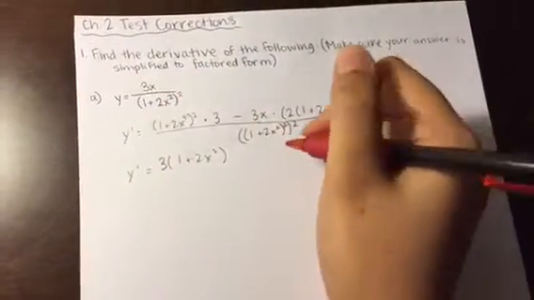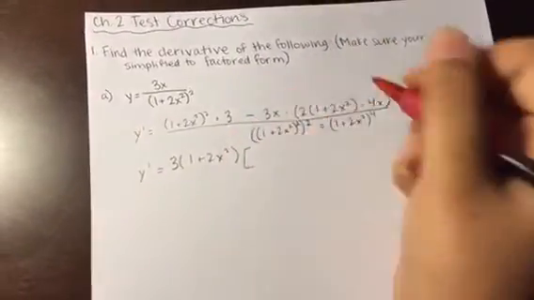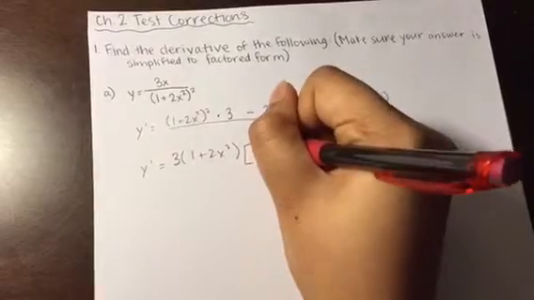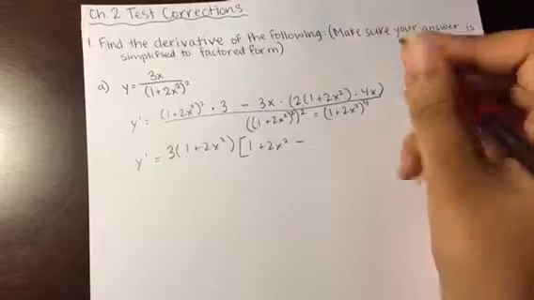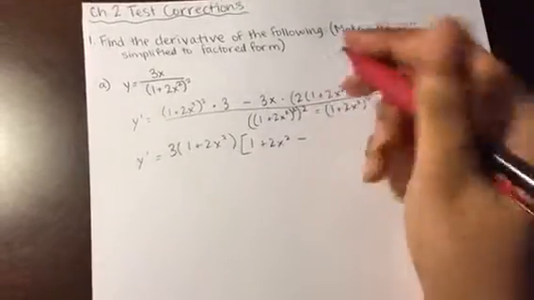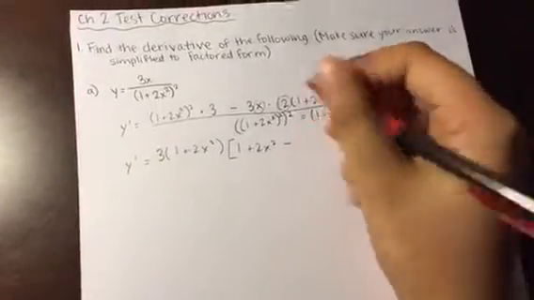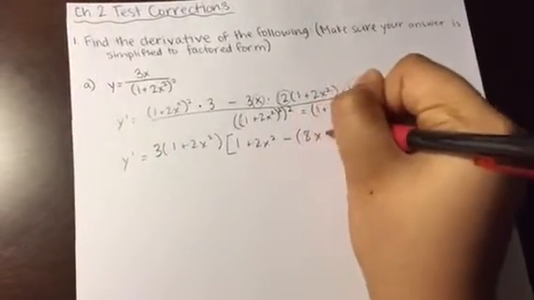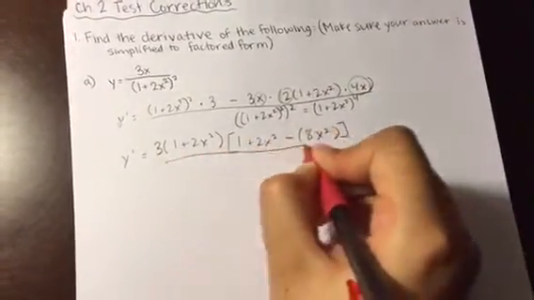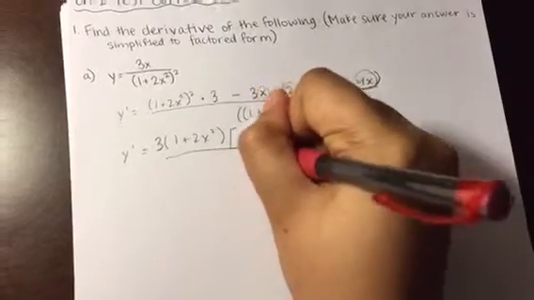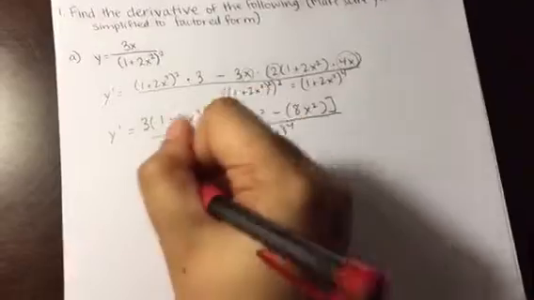So 3 times 1 times 1 plus 2x squared. Take that out from this, which would just leave you with 1 plus 2x squared. Subtract by taking that out from this, which would just leave you with 8x squared. And all of this is still over 1 plus 2x squared to the 4th power.